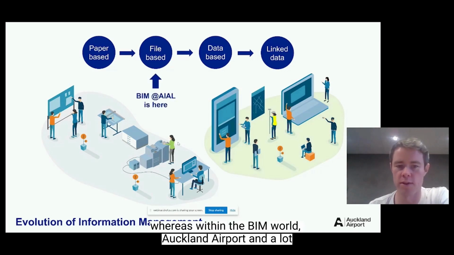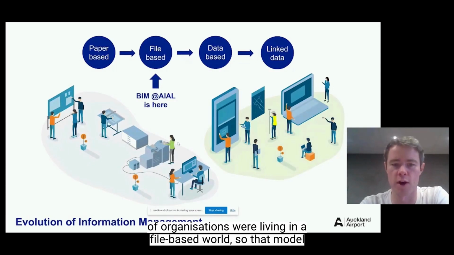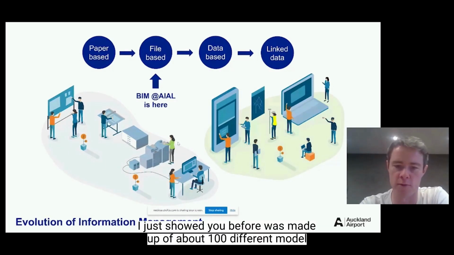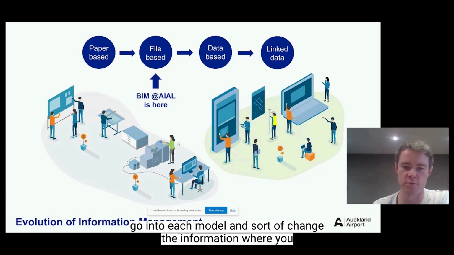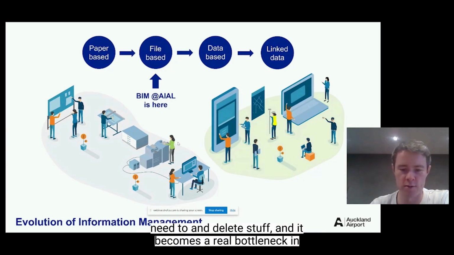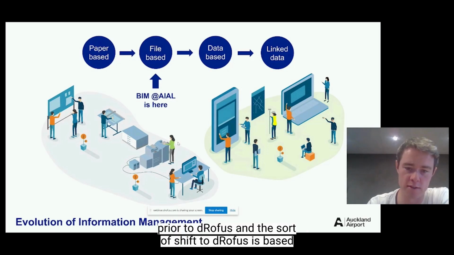Whereas within the BIM world at Auckland Airport, and in a lot of organizations, we're living in a file-based world. The model I just showed you before was made up of about 100 different model files. To manage all that information, you've got to go into each model, change the information where you need to and delete stuff, and it becomes a real bottleneck in the process. This is where we currently are at the airport prior to dRofus.